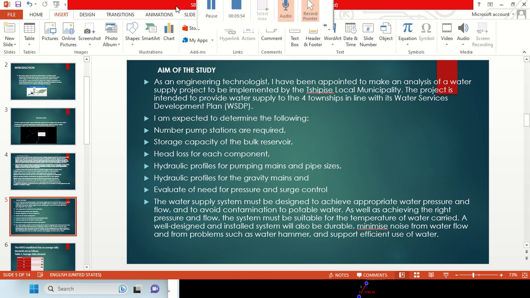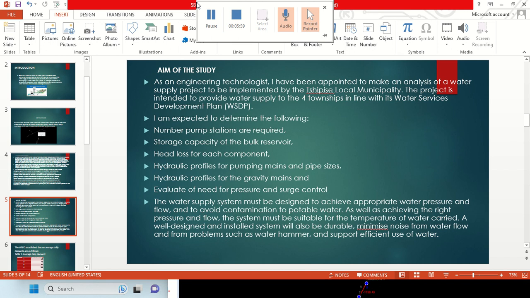I am expected to determine the following: the number of pipes that are required, storage capacity of the bulk reservoir, head loss for each component, hydraulic profile for pumping mains, and also pipe sizes. I'll also consider the hydraulic profile for gravity mains and evaluate the need for pressure and surge control.